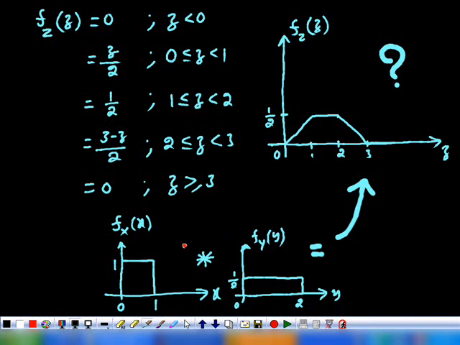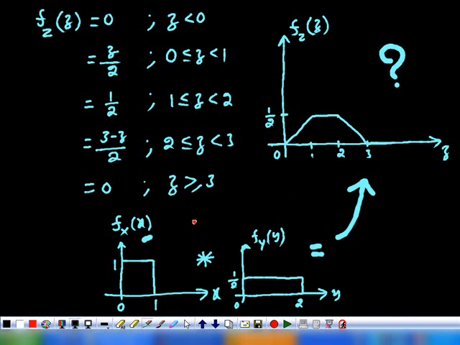So therefore we started with two uniformly distributed random variables x and y. We considered the density function of x and the density function of y, and we obtained the density function of z. Is the random variable z uniform? It is not uniform.